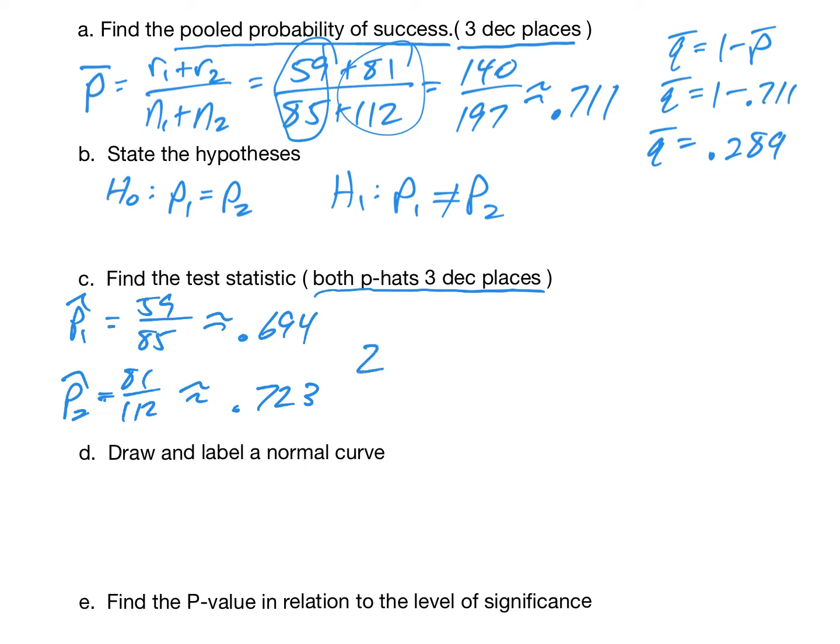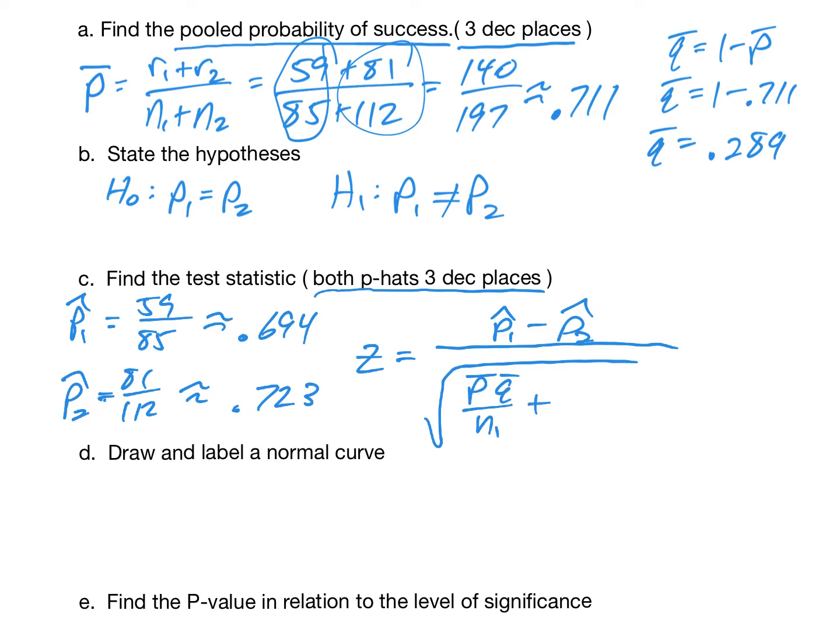Now your test statistic is Z. I'm going to first write the formula. The formula is P1 hat take away P2 hat, over the square root of P bar Q bar over N1 plus P bar Q bar over N2.